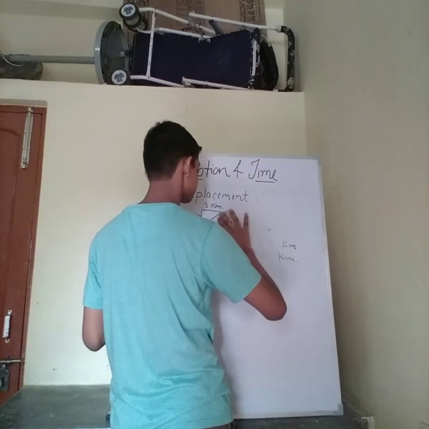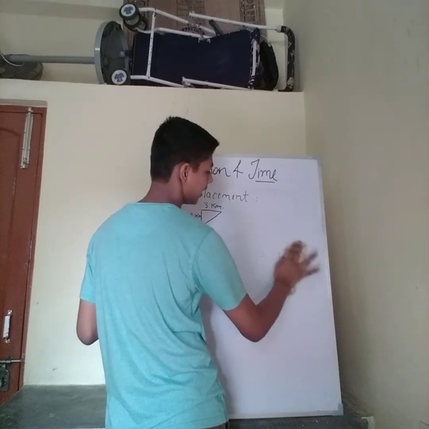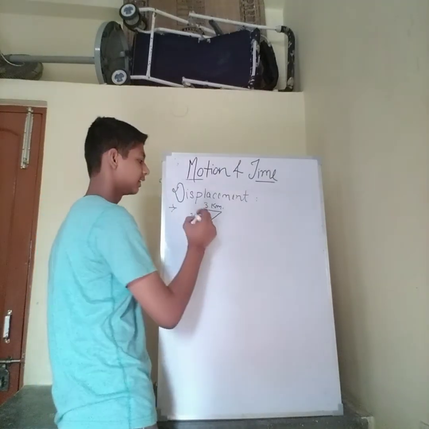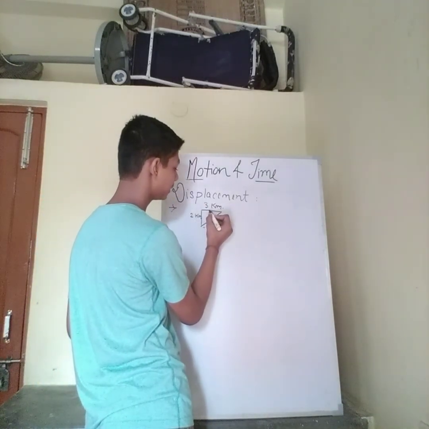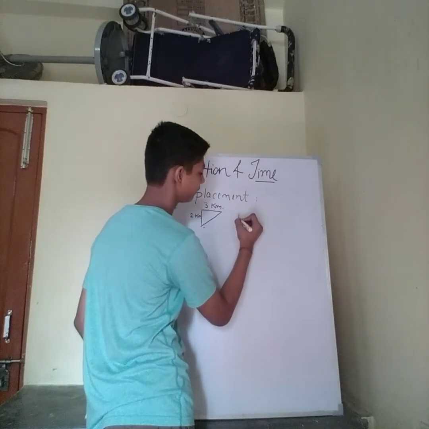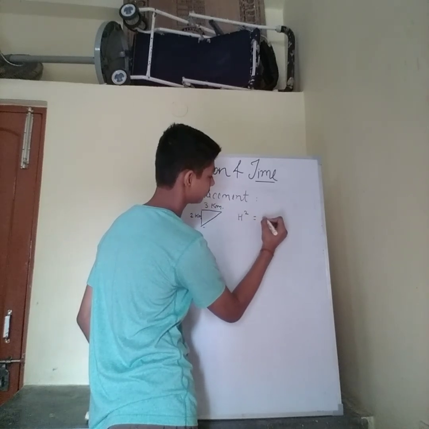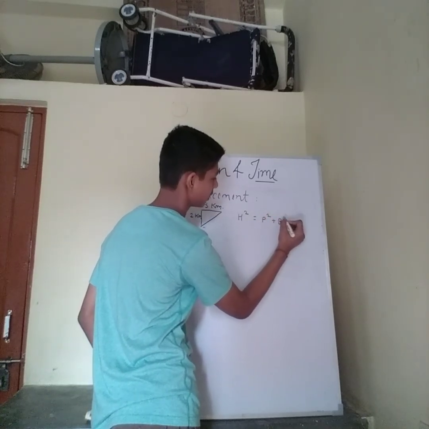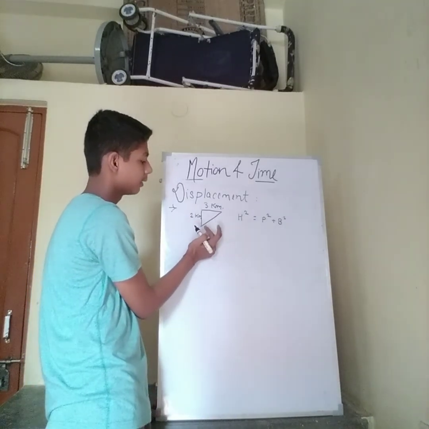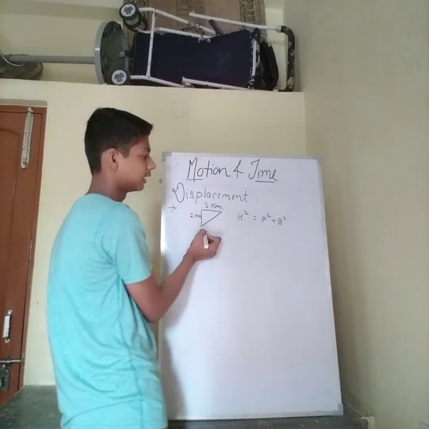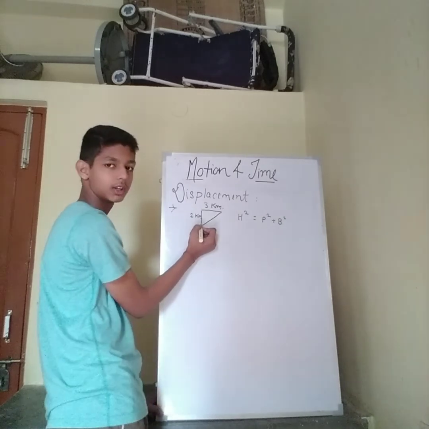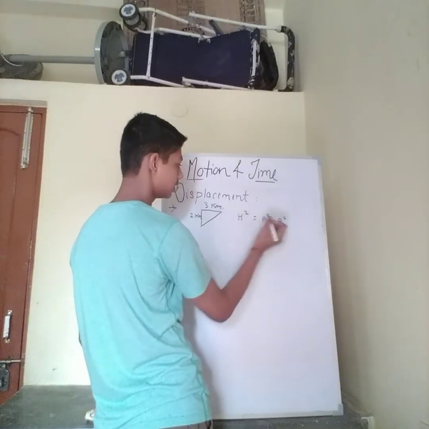The second method is to imagine it as a right angle triangle, with a base and a perpendicular. This side is called the hypotenuse, so in the equation we use hypotenuse square equals perpendicular square plus base square. Now put the values here.